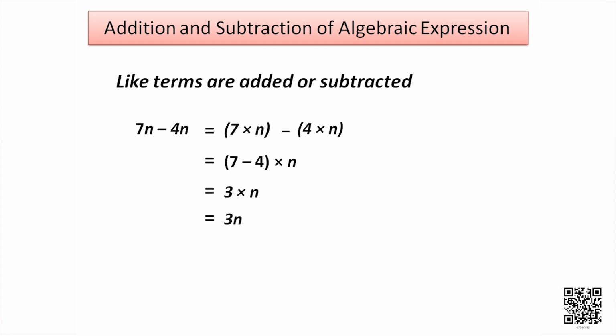Okay. So when we solve 7n minus 4n, it gives us 3n. So we are having same variable in the terms. When we are adding or subtracting the like terms, we subtract it as a numerical coefficient.